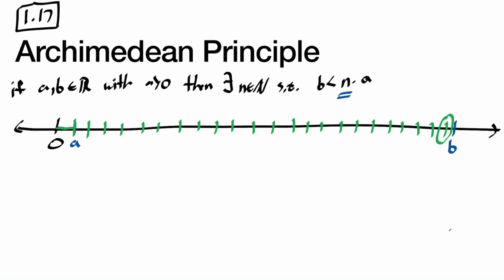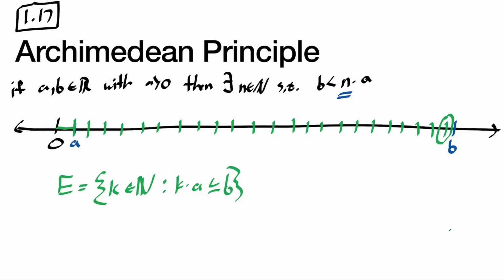And so we're going to let E be our set of all n. Actually, I think the book uses k, so let's stick with the same letter that the book uses. All integers k such that k times a is less than or equal to b.